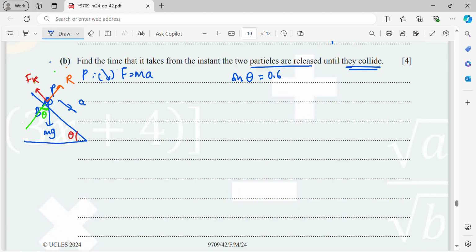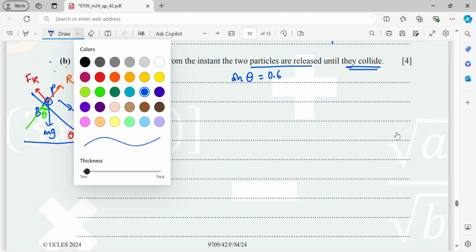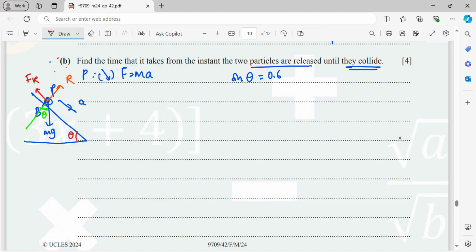I need to find out what my A is first, because now it is traveling on the rough plane, no longer 6. So I got to resolve this mg towards the plane. Therefore, I'm using this theta value, that is the alternate angle. Therefore, I will be writing mg sine theta going down.